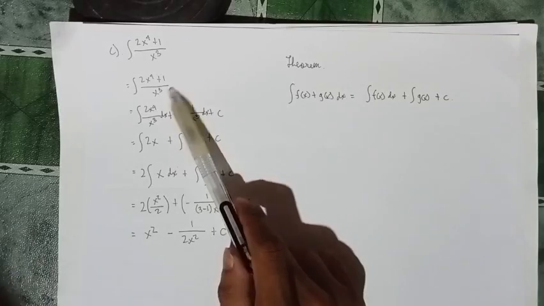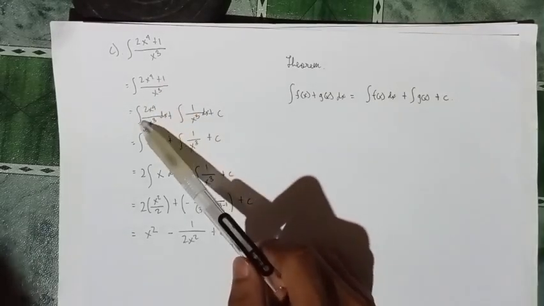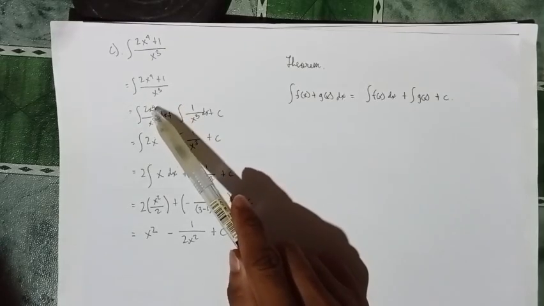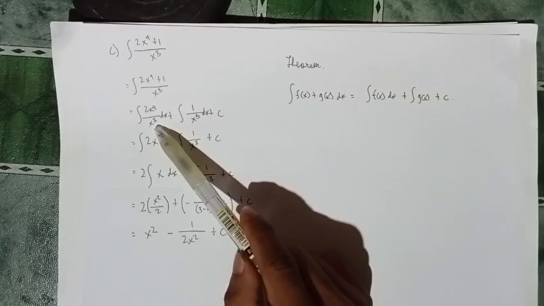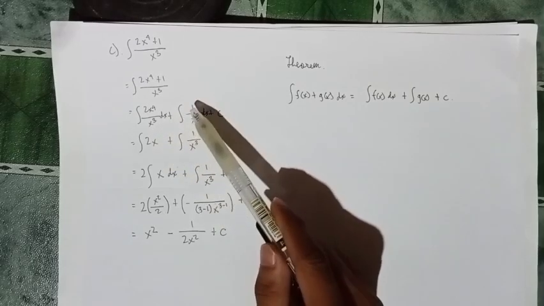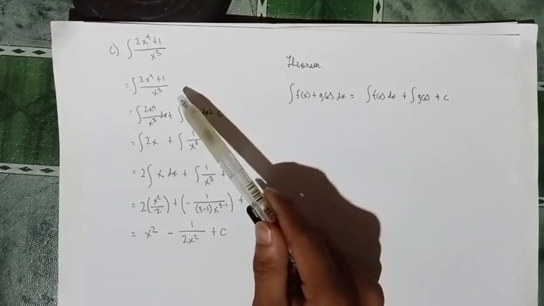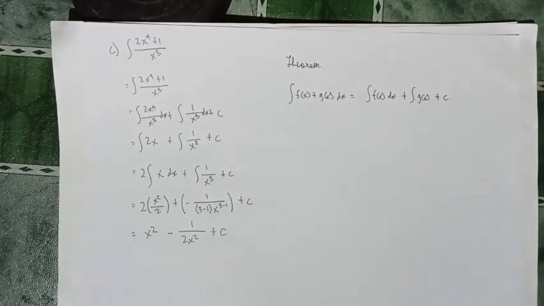Since it has the same denominator, we can just separate the two: the integral of 2x raised to the power of 4 all over x cubed dx plus the integral of 1 all over x cubed dx plus c.